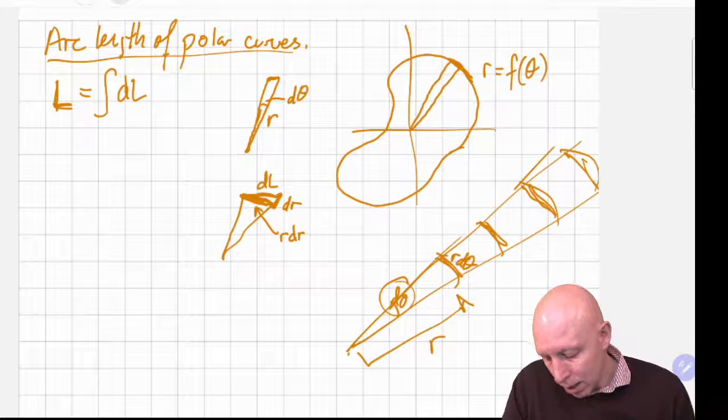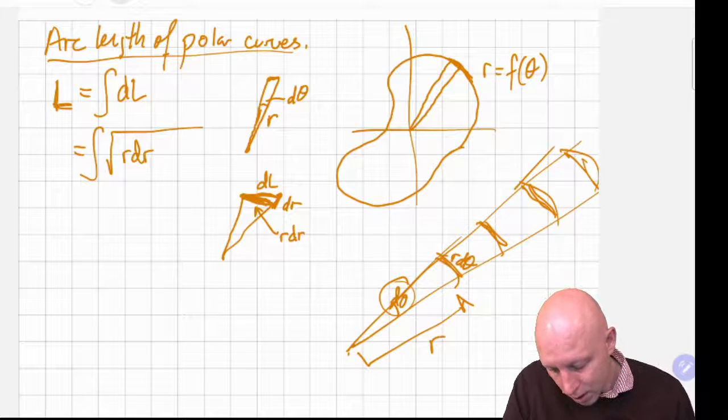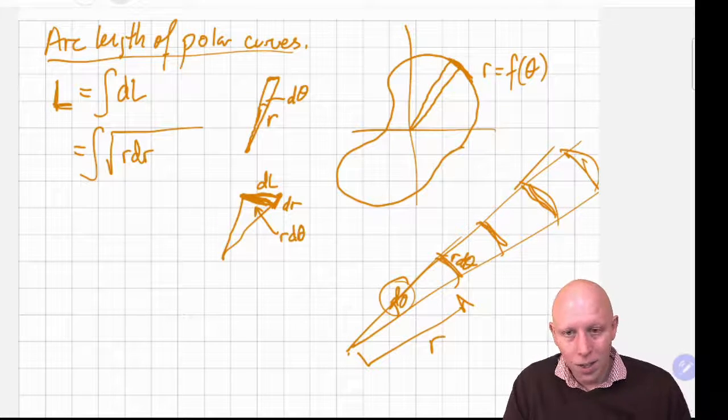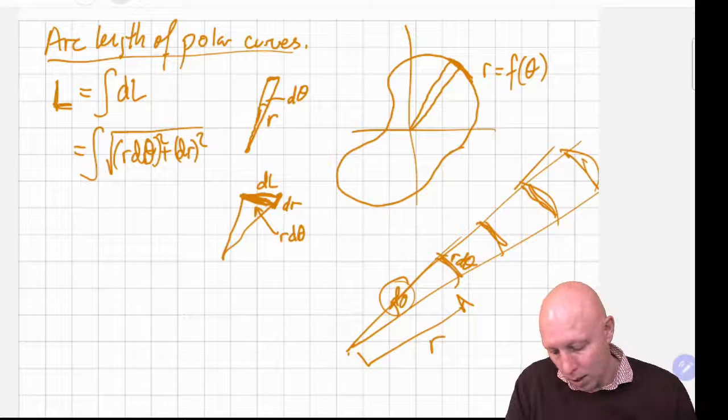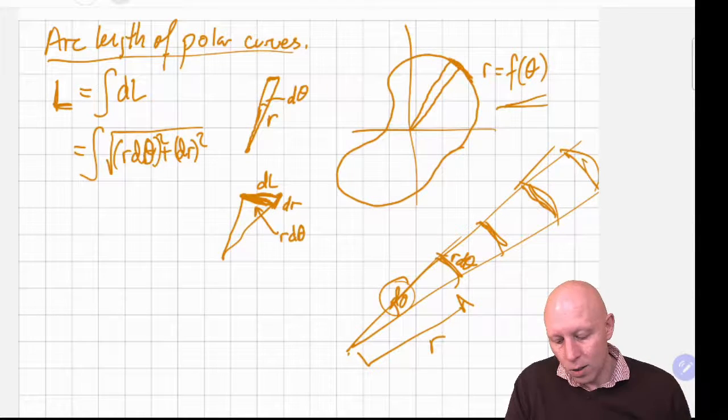So this integral is going to be the integral of the square root of r d theta squared plus dr squared. Remember, this is a function of theta, so we need to put everything in terms of theta.